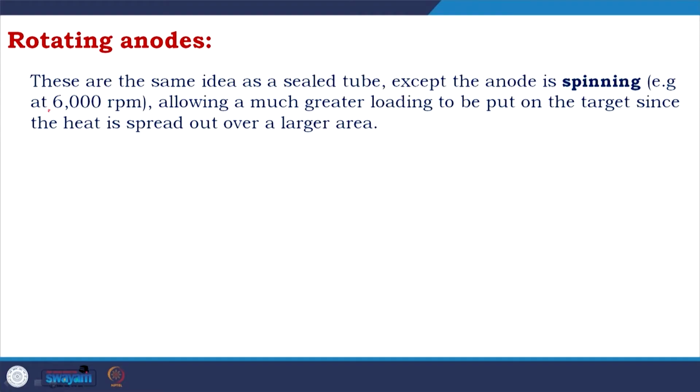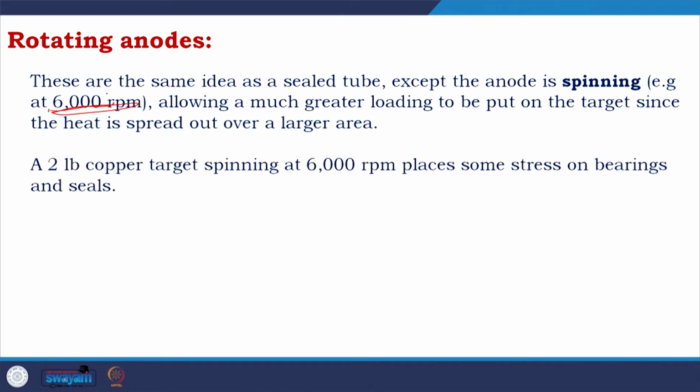Here the critical modification is that instead of being static, there is a rotation, and because of the spinning, which is around 6000 rpm, the heat dissipation happens, so higher energy X-rays are possible to generate.